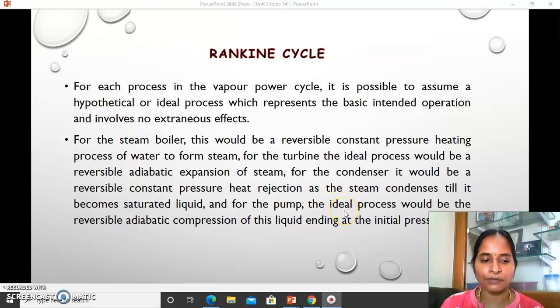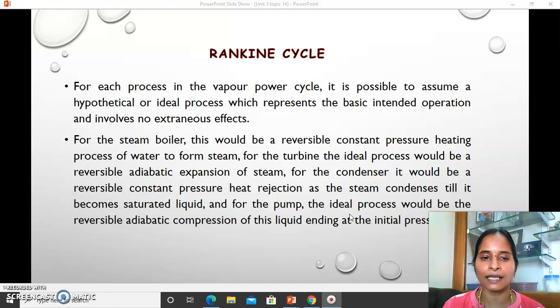So now in the next video, let me go into detail about the Rankine cycle. Before that, I want to give some introduction about the importance of the Rankine cycle. You know very well that the Carnot cycle is a hypothetical and ideal cycle for all sorts of working substances, which gives the maximum efficiency, and it consists of two reversible constant temperature or isothermal processes of heating and cooling, and two reversible adiabatic processes of expansion and compression.